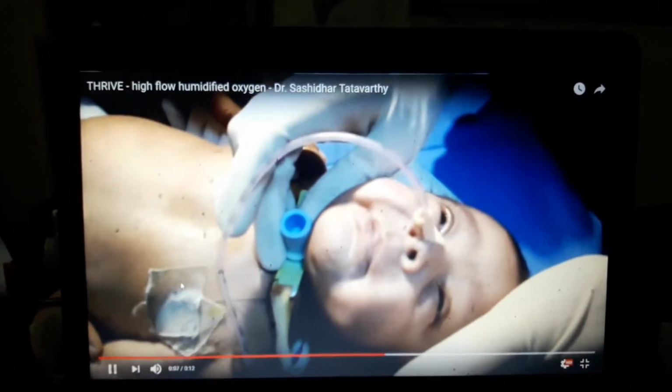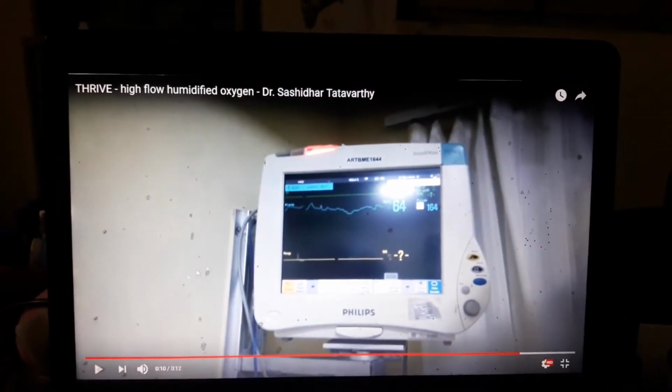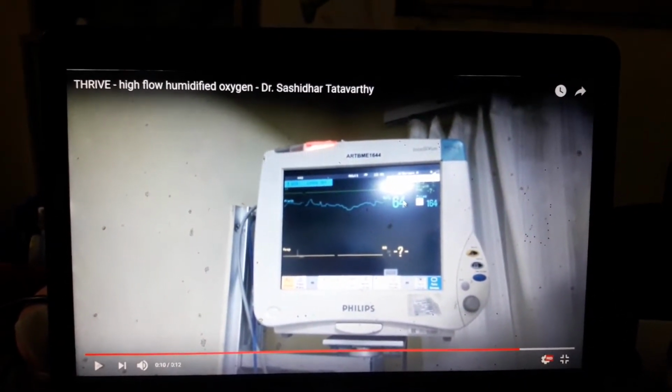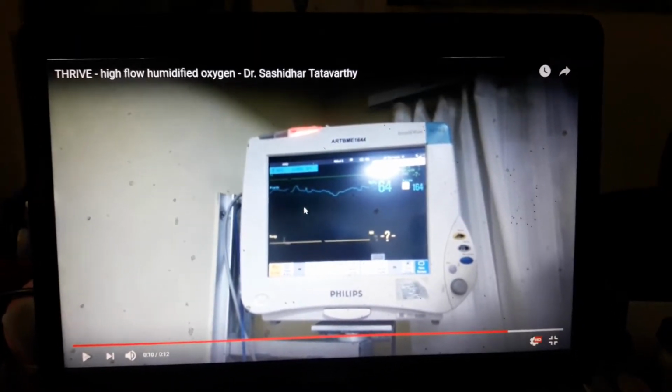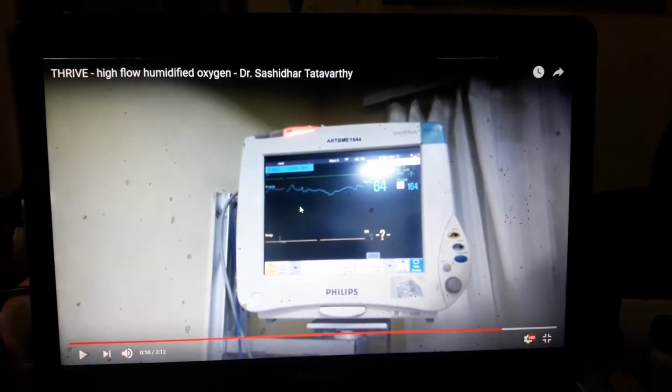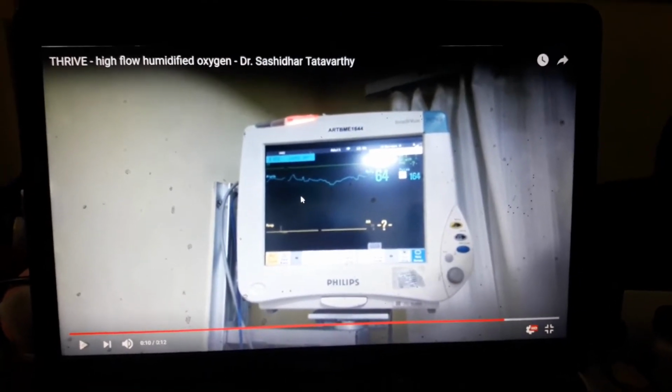And see the saturation, it is 64. So at 64, this simple routine 10 liter humidified oxygen cannula is helping him.